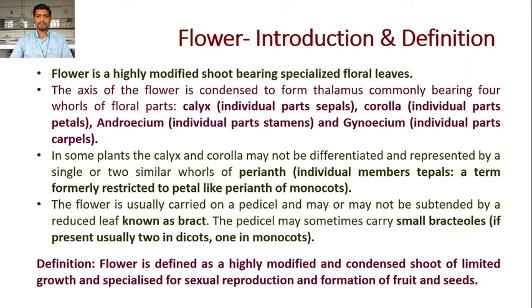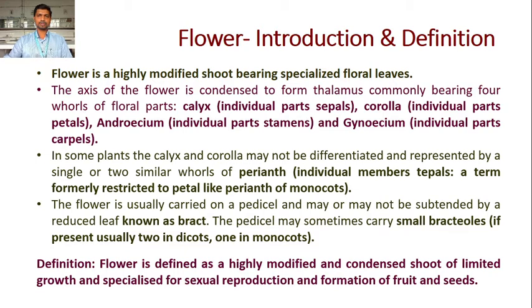The stalk of the flower is called the pedicel, on which the flower is usually carried. It may or may not be subtended by a reduced leaf-like structure known as the bract. A small bracteole is sometimes present. If present, it is 2 in dicots and 1 in monocots. So the flower is defined as a highly modified, condensed shoot of limited growth, specialized for sexual reproduction and formation of fruit and seeds.